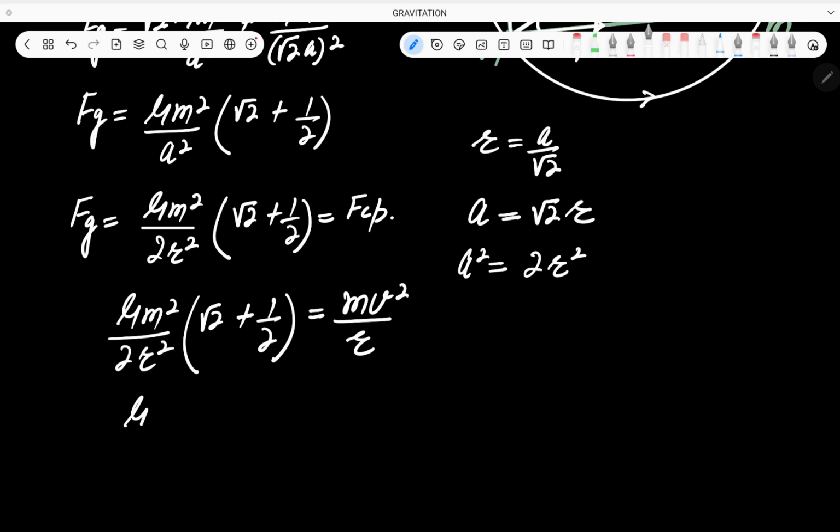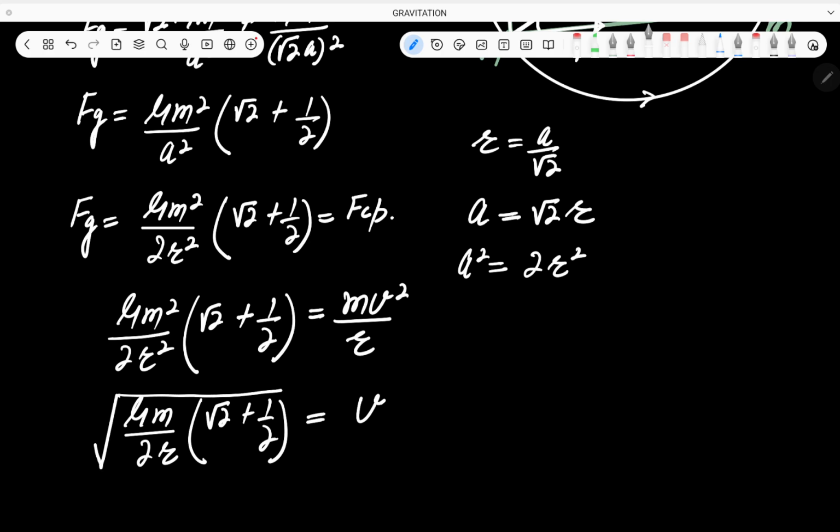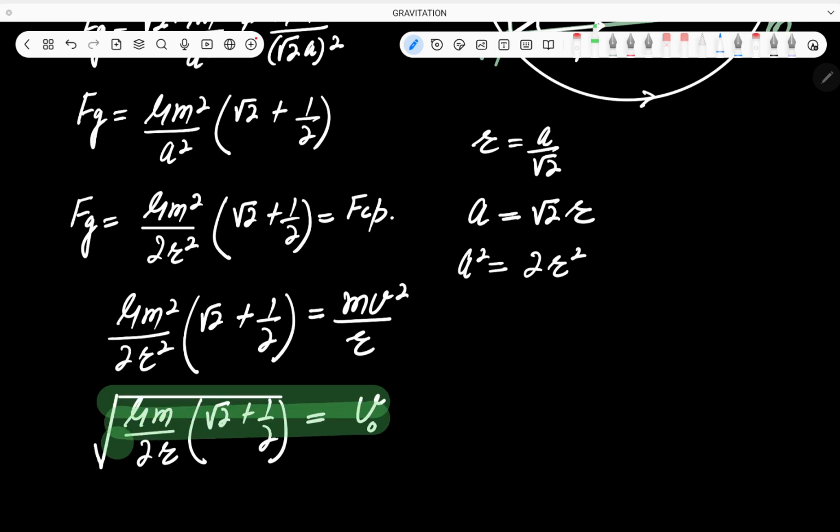And we are left with G M divided by 2r into root 2 plus 1 by 2 is equal to v square. So v will be simply equal to the square root of all this. So this is what you call the orbital velocity of each particle. Okay, I hope that this question is crystal clear to you.